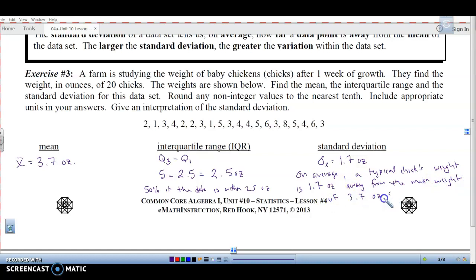So that means that if I were to pick a weight of the chick on average, the average weight is 3.7, but each point is going to be about 1.7 away from the mean.